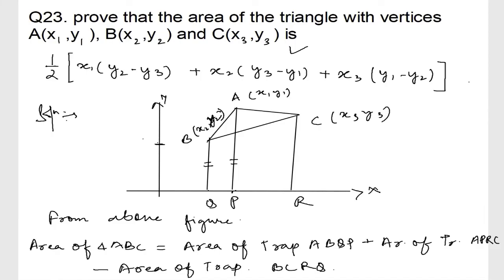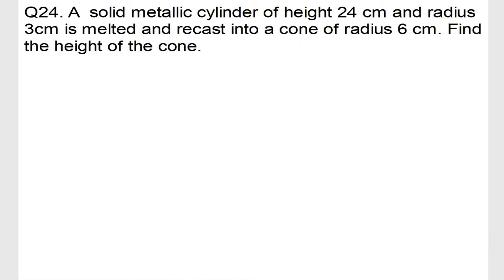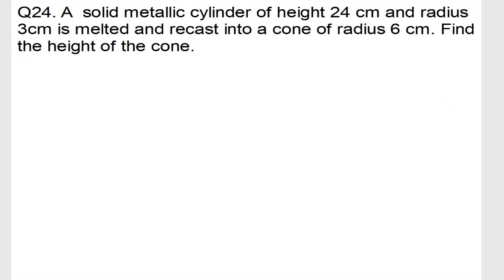Okay, now next, this is our question number 24, same year 2011, asked by giving 3 marks. What is the question saying? A solid metallic cylinder of height 24 centimeter. So there is a cylinder. Okay, let me draw a cylinder.